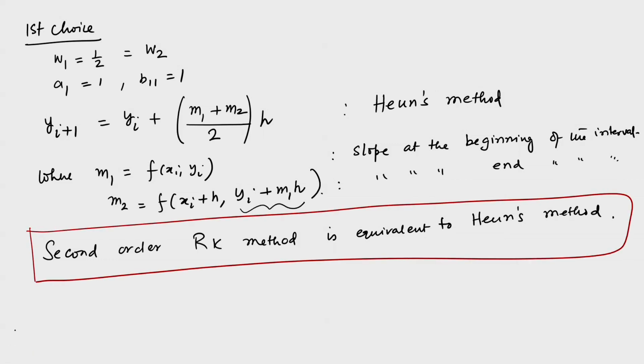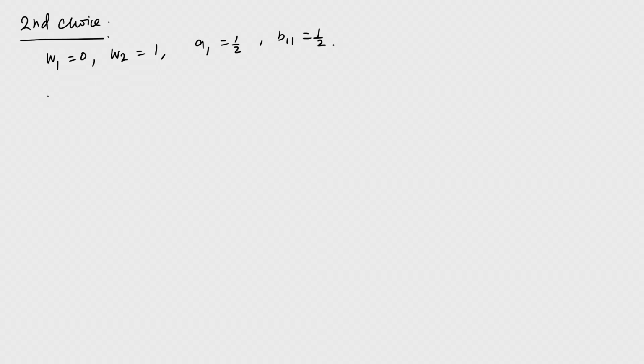So, if that is the thing, let us look at one more choice. Let us take W1 equal to 0, W2 equal to 1, A1 equal to half and B11 equal to half.